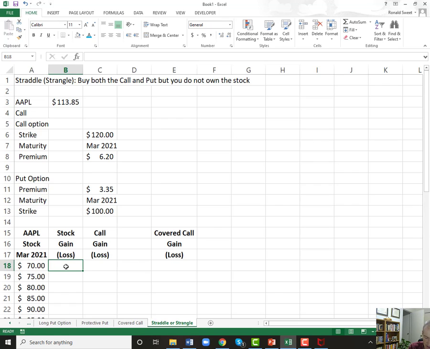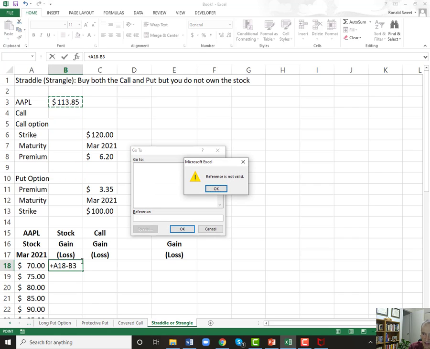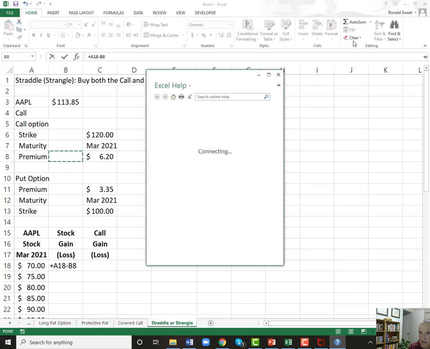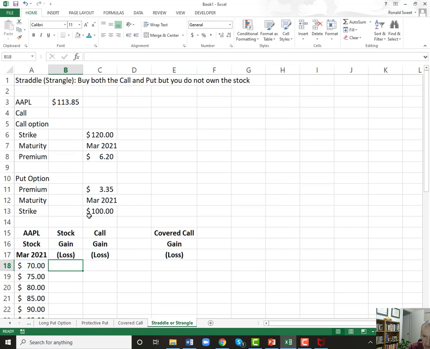The stock gain is the same as before: the ending stock price minus what you paid for it. That's the same thing we've done over and over again. So no big deal there. Stock price, we've done that five times now.